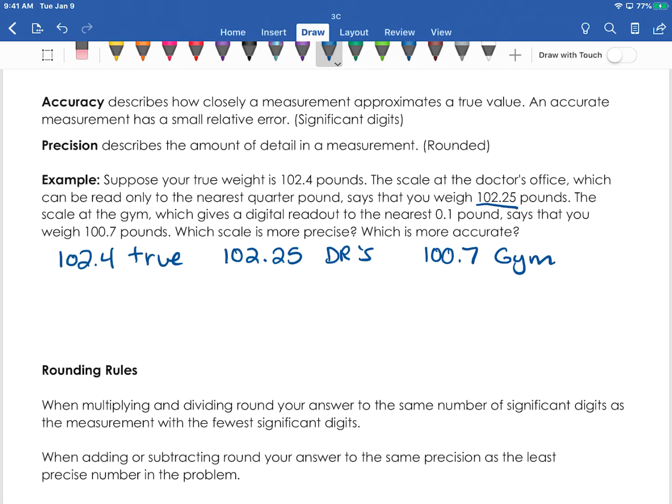If you notice, the difference between the doctor's office scale and your true weight is a lot smaller than the difference between the gym scale and your true weight. So the doctor's office scale is much more accurate because it's much closer to your true weight.